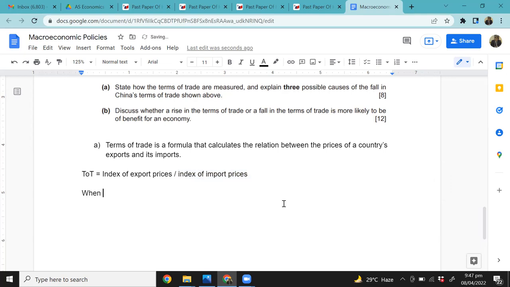When a country's export prices rise in relation to its import prices, it is known as an improvement in TOT. Now, this is very important. For terms in economics for which there is an already understood acronym, you know what an acronym is.